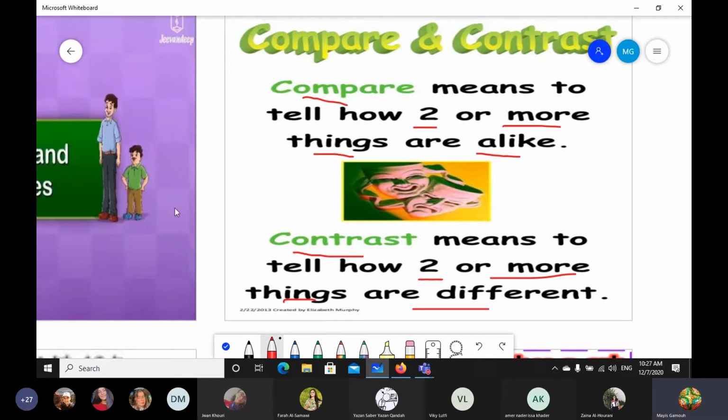So we have 2 or more things, issues, people, actions, and they might be different from each other, or they are the same as each other in some characteristics. So one more time, compare means to tell how 2 or more things are alike, are the same, and contrast means to tell how 2 or more things are different, they differ from each other.